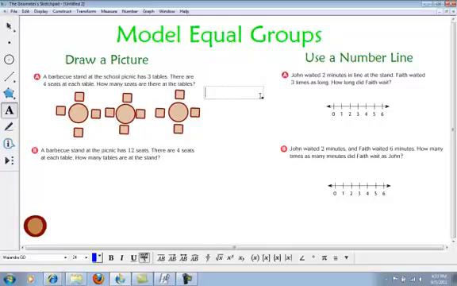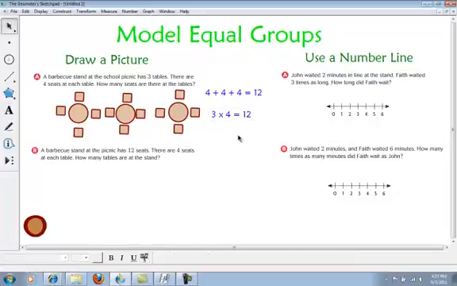We could say 4 plus 4 plus 4 is equal to 12. Or we could write it like this to say we have 3 groups of 4. And that also has a value of 12. So that's how we could draw a picture to solve that multiplication problem.